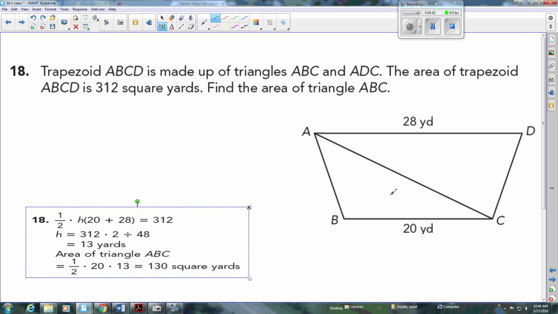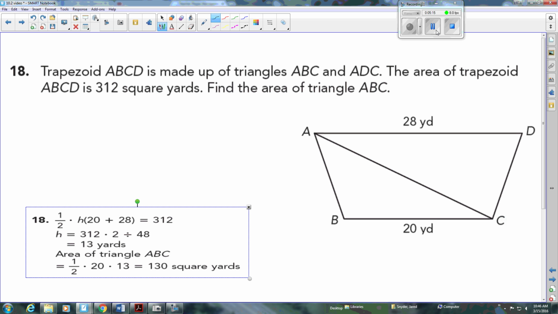Then the last one, it basically says find the area of ABC. The area of the trapezoid is 312. Find the area of ABC. Well, we know that ABC is part of ABCD.